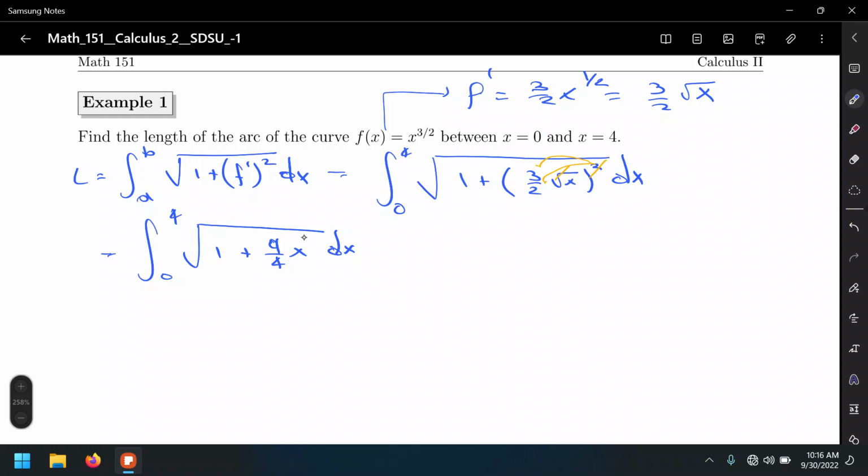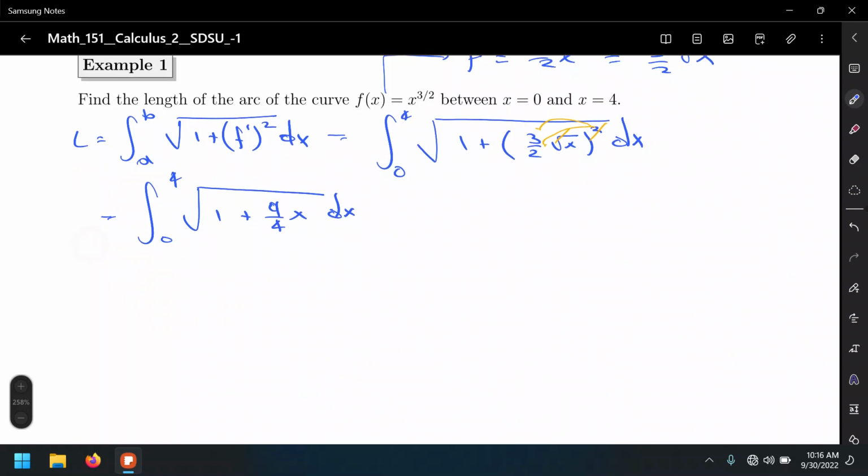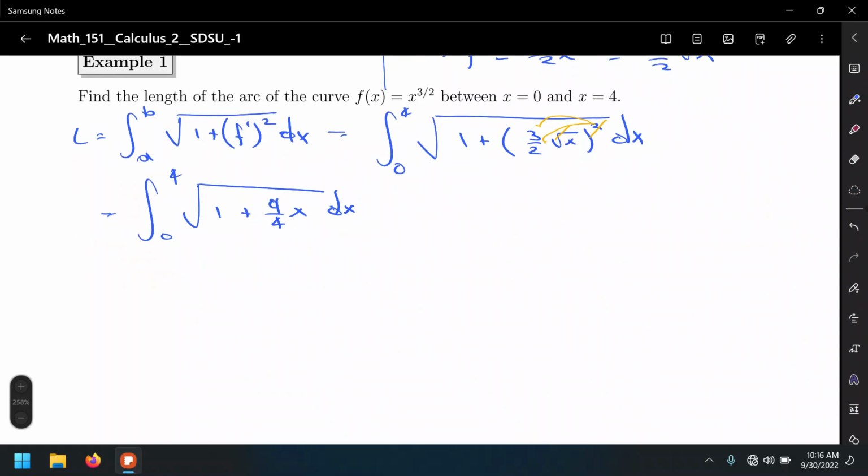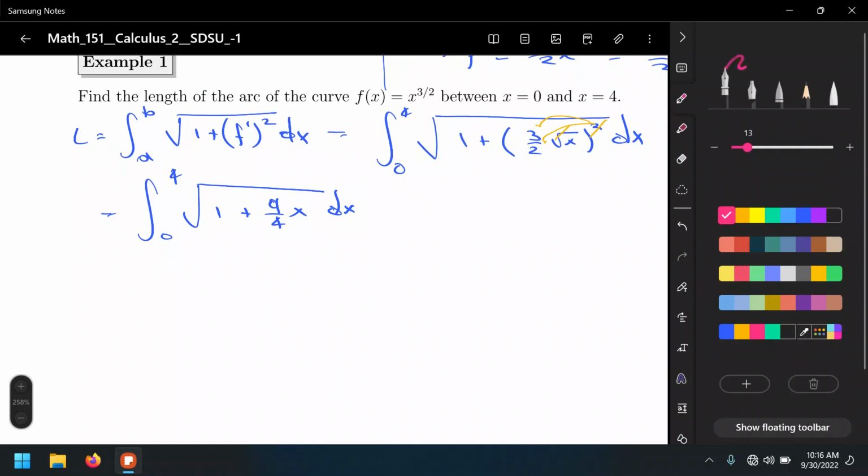However, we don't have a square here. If we had a square, we would have done trigonometric substitution. However, this is degree 1, the derivative of this would be degree 0, and we have outside a degree 0, so we can simply use u substitution. So let's go ahead and do the u substitution.